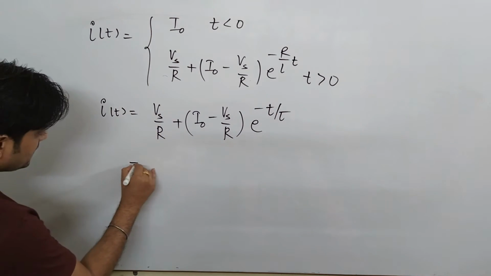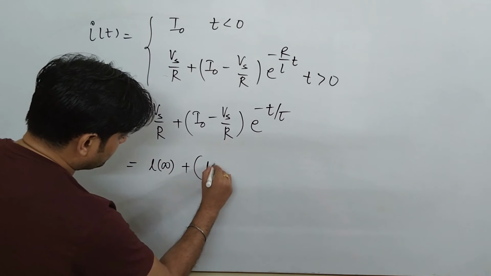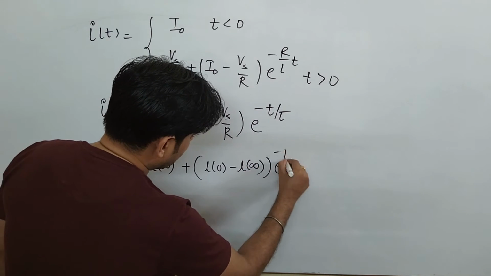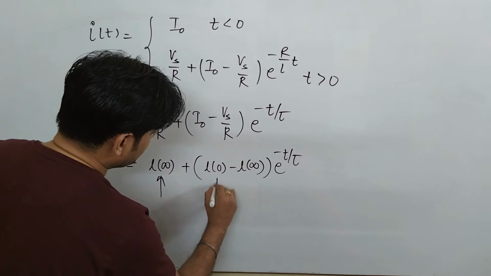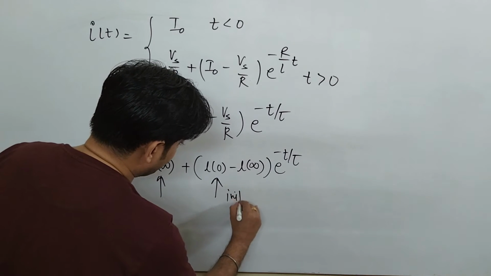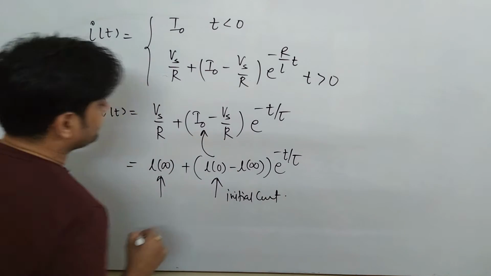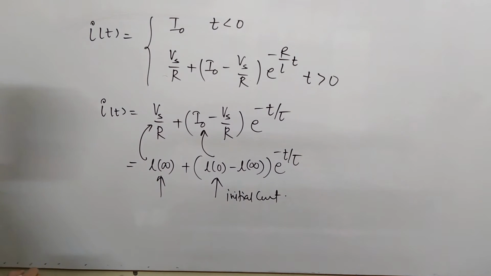Okay, yes, you can write this equation also in the form of I infinite plus (I0 minus I infinite) into e to the power minus t by tau. Why? Because this I infinite is known as your steady state and I0 is known as your initial current. Yes, I naught is your initial current, and this is your steady state value.